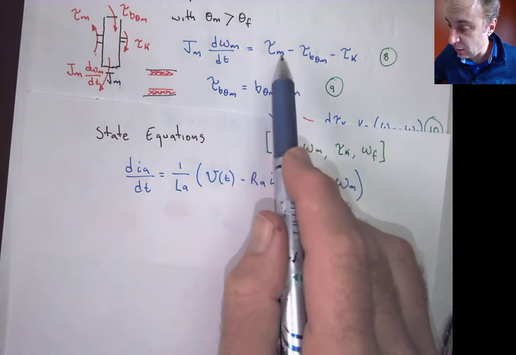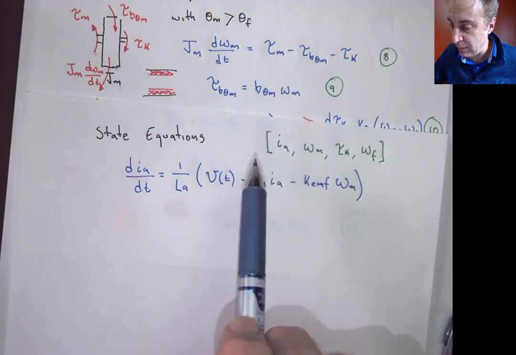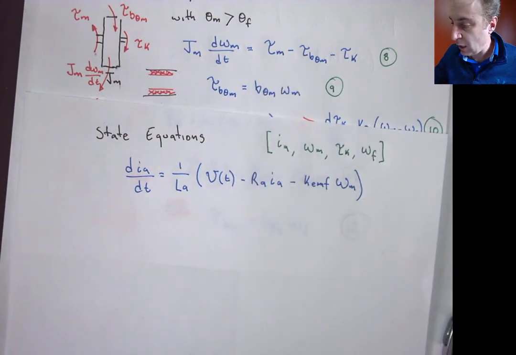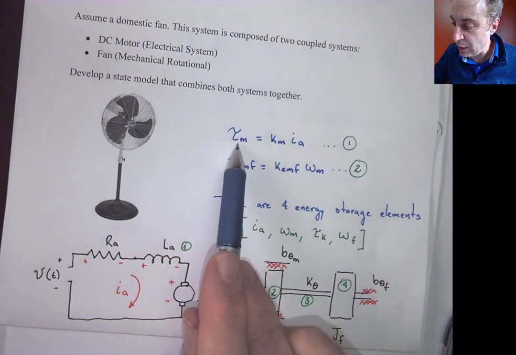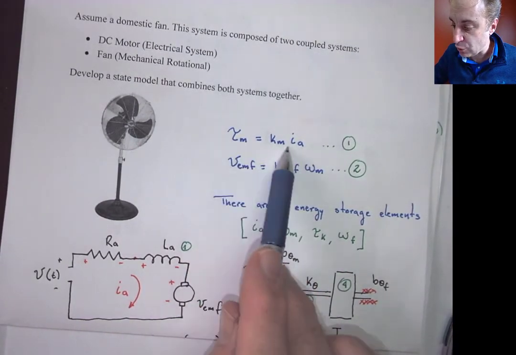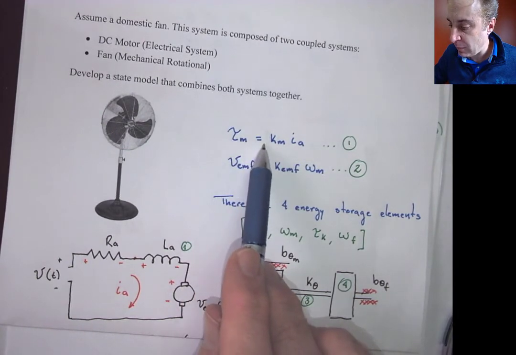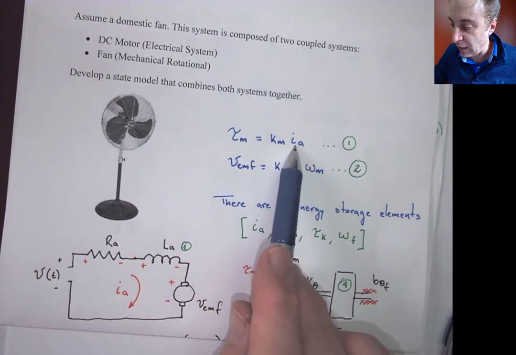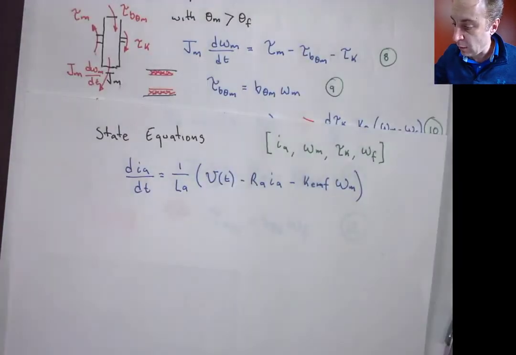And what about the other one, tau m? Where do we have tau m? Well, tau m comes from the first equation. That's the equation that will allow us to couple the two systems. So tau m equals km IA, where IA, the current of the armature, is one of the state variables.